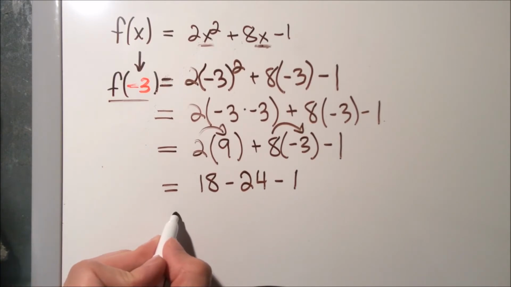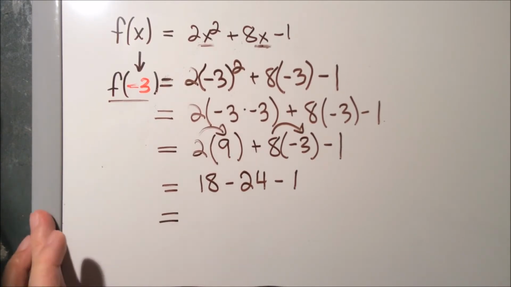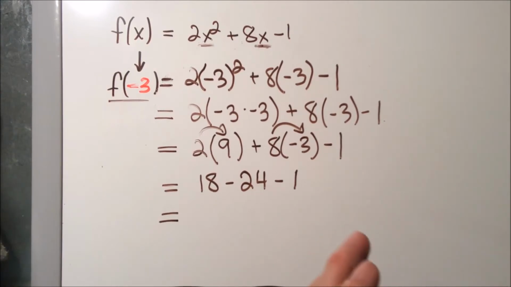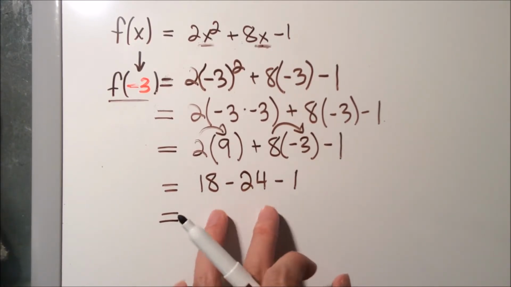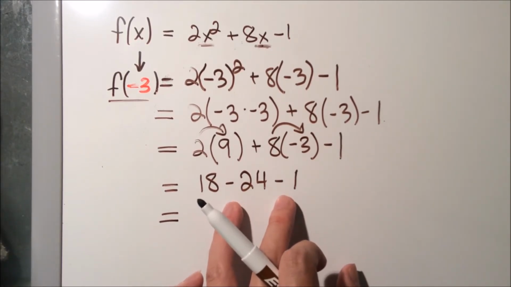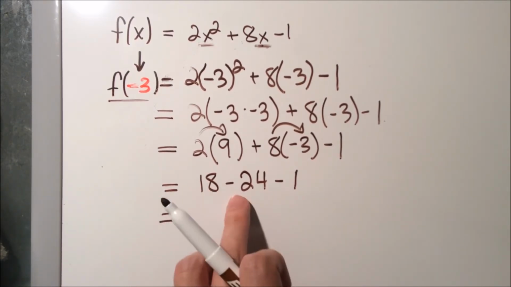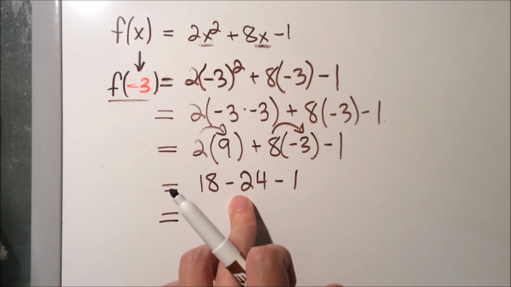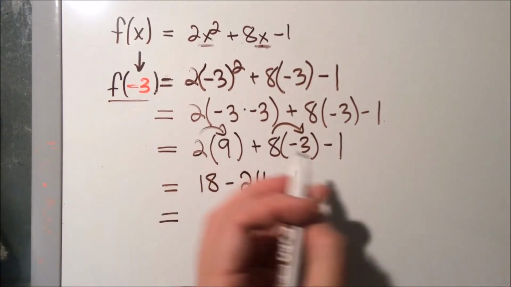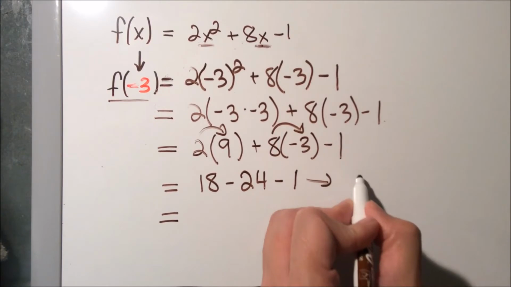Once we finish with that process, you go to add or subtract. In this one, we only have to worry about minus. So 18 minus 24 is going to give us negative 6. I'm going to write it step by step.